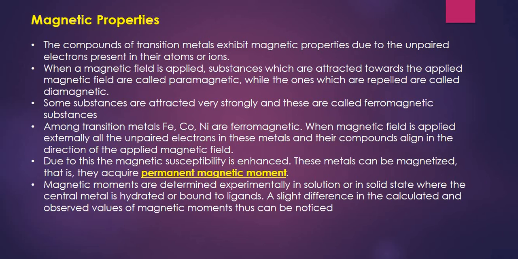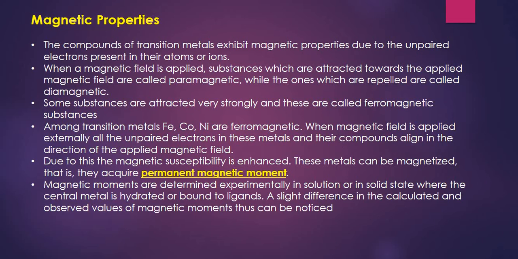When a magnetic field is applied, substances which are attracted towards the applied field are called paramagnetic, and the ones which are repelled are called diamagnetic. And there are some substances which are strongly attracted to the magnetic field, called ferromagnetic substances. Iron, cobalt, nickel are ferromagnetic substances.